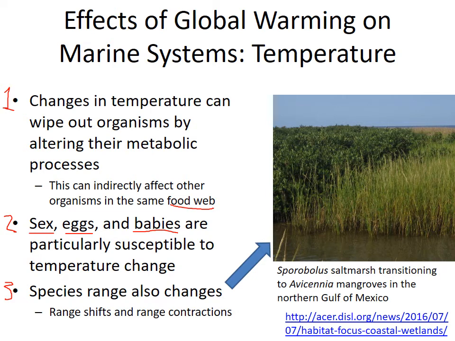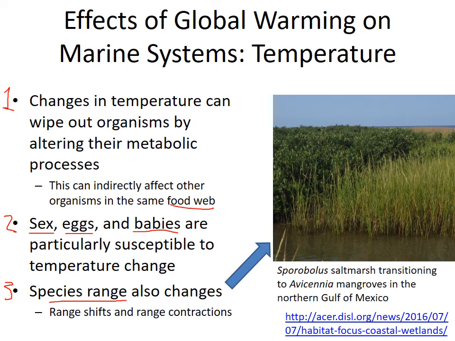For example, sea turtle sex ratios are determined in part by the temperature of the sand where the eggs are laid, and warmer temperatures can distort the sex ratio in ways that might be harmful to the sustainability of the sea turtle populations. Another example of how things are affected by temperature changes is species range shifts.